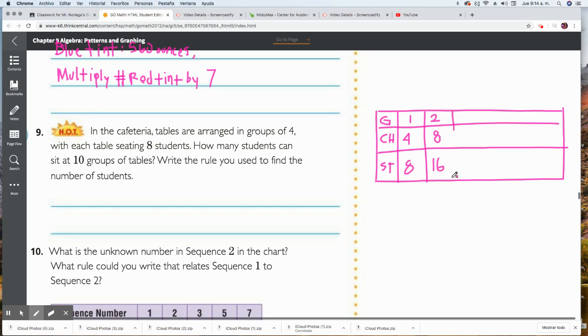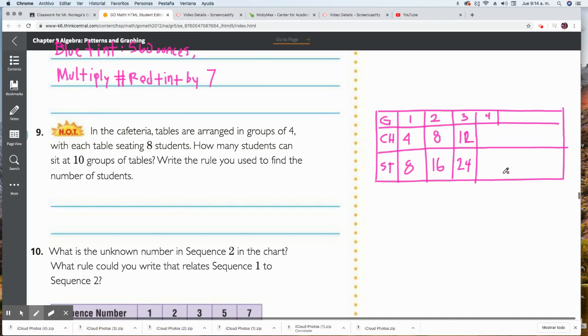If we add one more group to that one, that would be 12, and then 24, right? So are you seeing the relationship already? 4 plus 4 is 8, 8 plus 8 is 16, 12 plus 12 is 24.